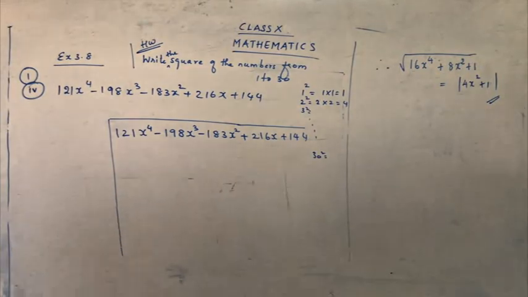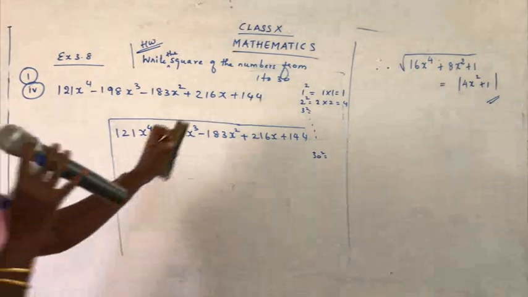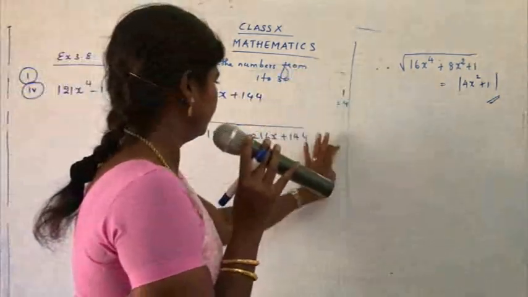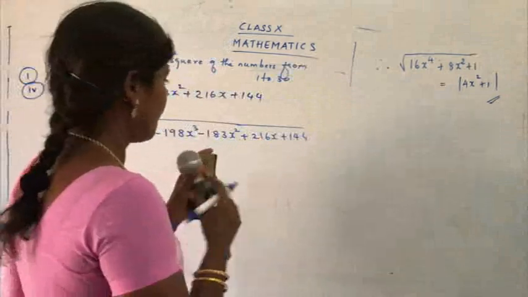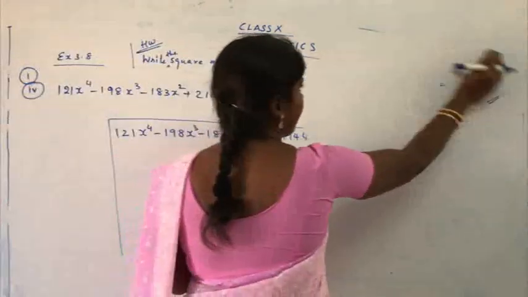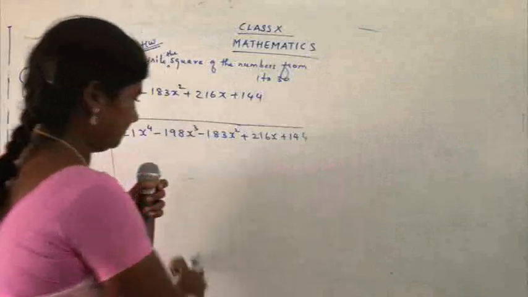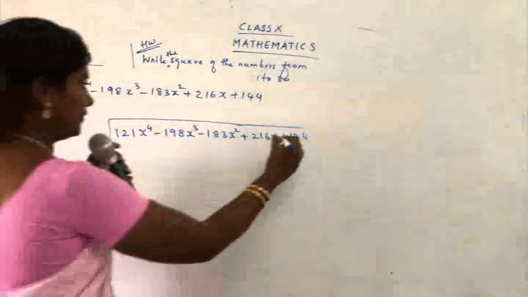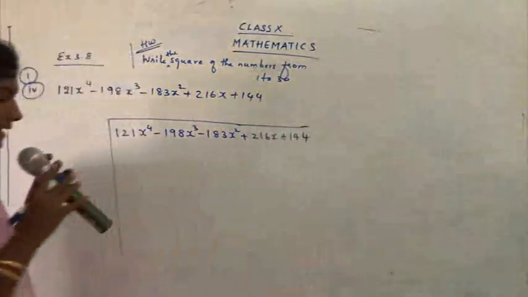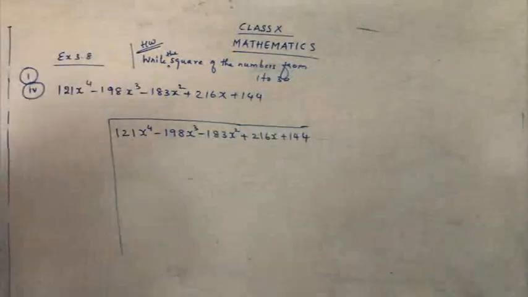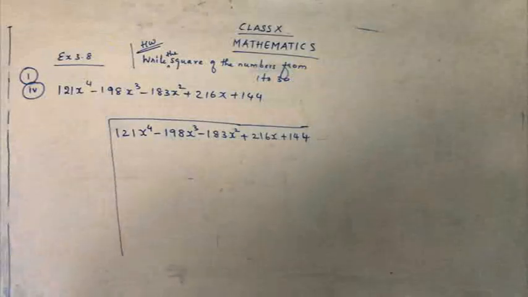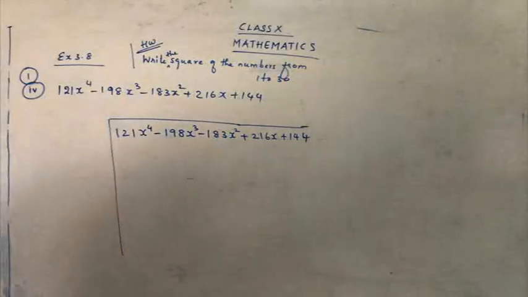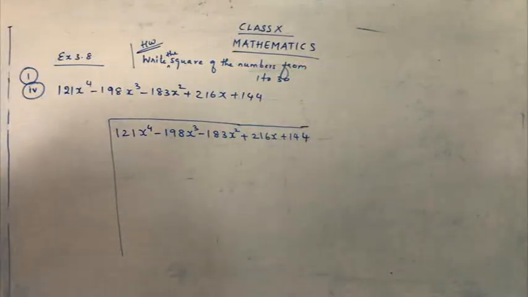Okay, now let's come back to our sum. 121x raised to 4 minus 198x cube minus 183x square plus 216x plus 144.